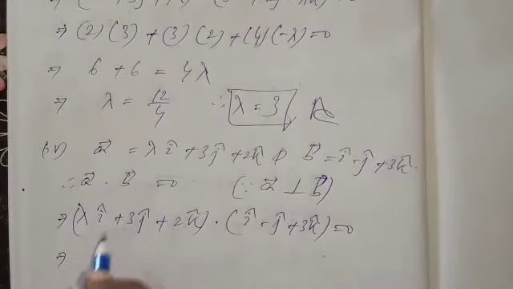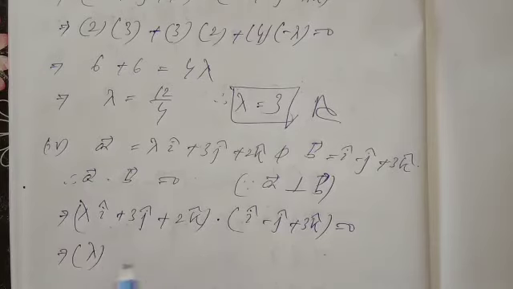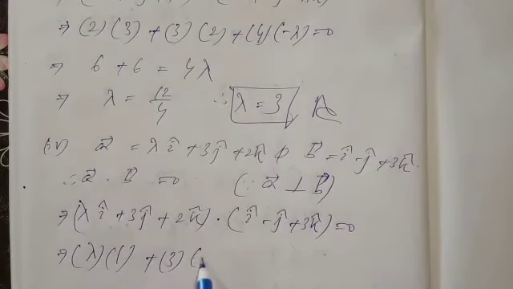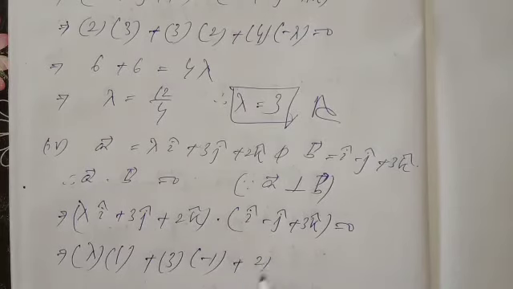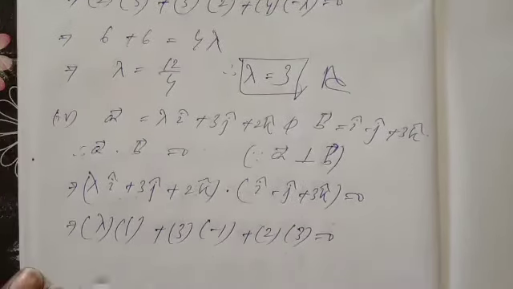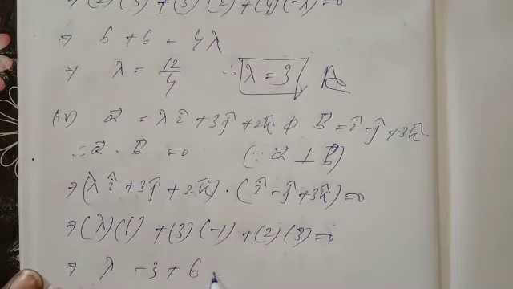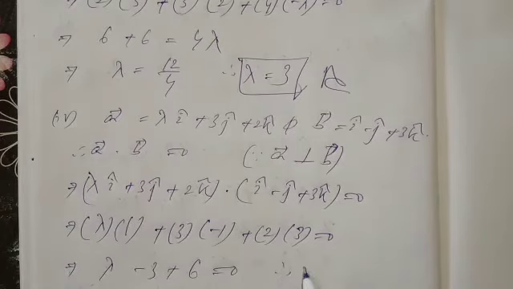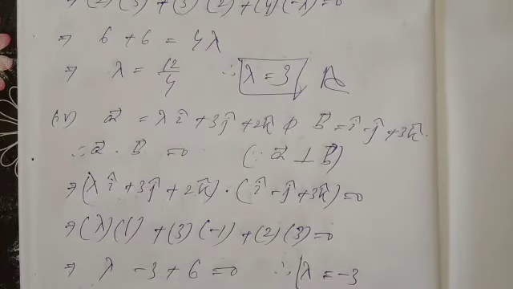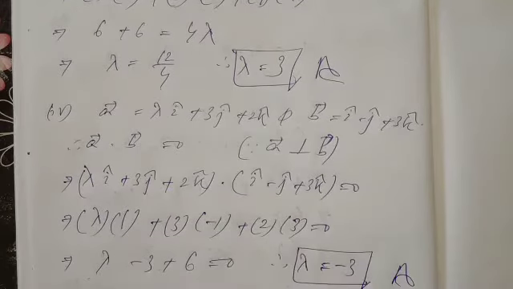So multiplying the i coefficient λ, here the i coefficient 1, plus the j coefficient 3, here the j coefficient is −1, the k coefficient 2, here the k coefficient 3, equal to 0. That means λ − 3 + 6 = 0. Therefore, λ will be how much? λ is equal to −3. The value of λ is −3. In this way, number 1, the 4 parts are completed.